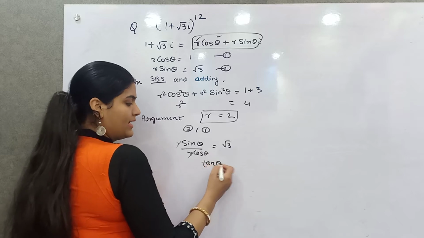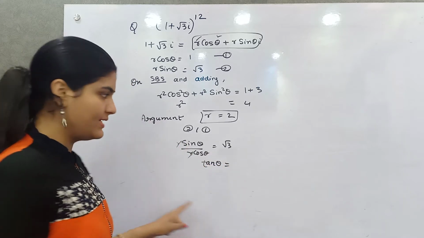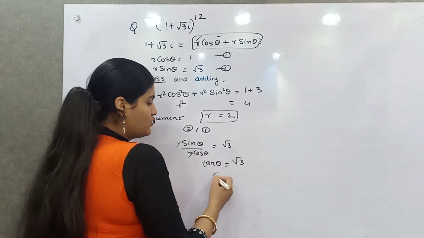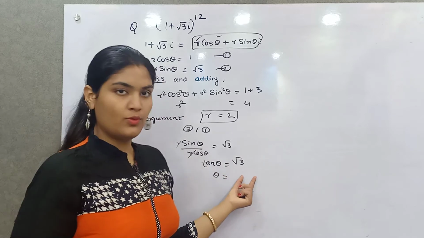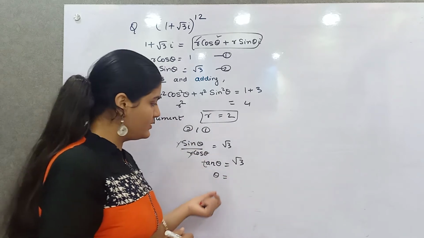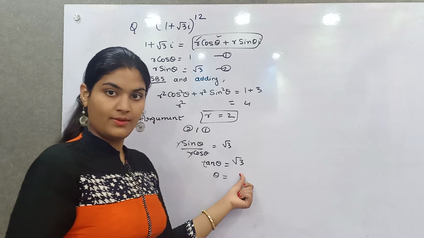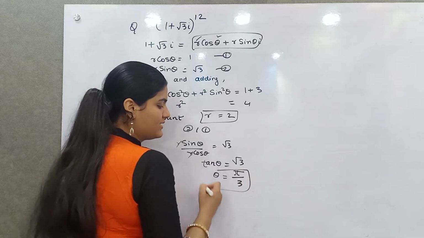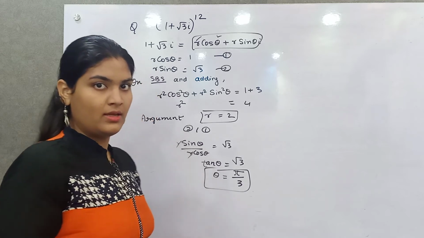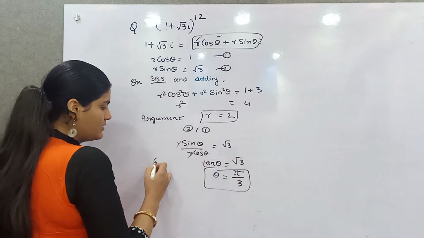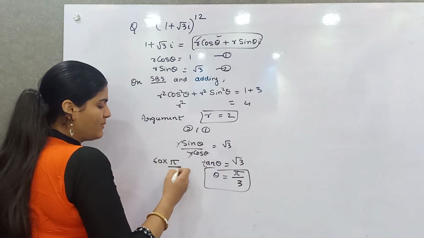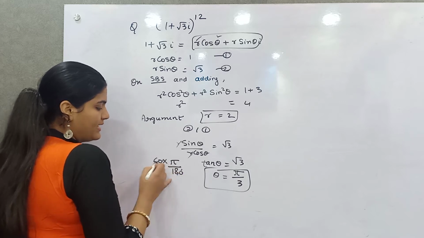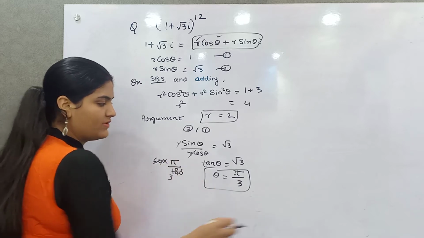You know the formula, right? So what do you know from trigonometric value tables? It is tan 60, so theta is pi by 3. You can find 60 degrees, and if you multiply it with pi by 180, you get radian form, which is pi by 3.